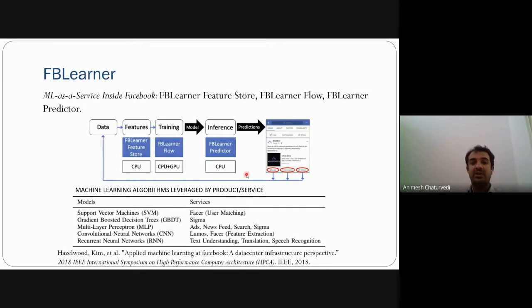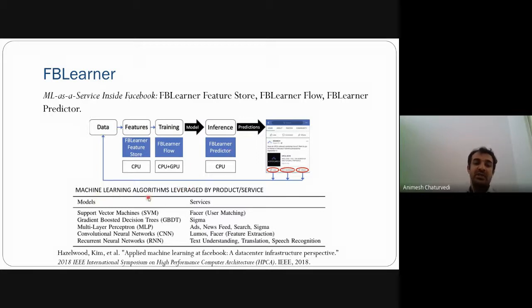What are the comments? Where is it being shared? How many likes are there? What are the types of likes? FBLearner stores these features, and then it goes to the training phase. FBLearner does the training and generates a model, and this model is used to generate inferences. There are various inferences, like prediction graphs being plotted, and the predictions go back to the Facebook app. So this is a cycle, you can say.